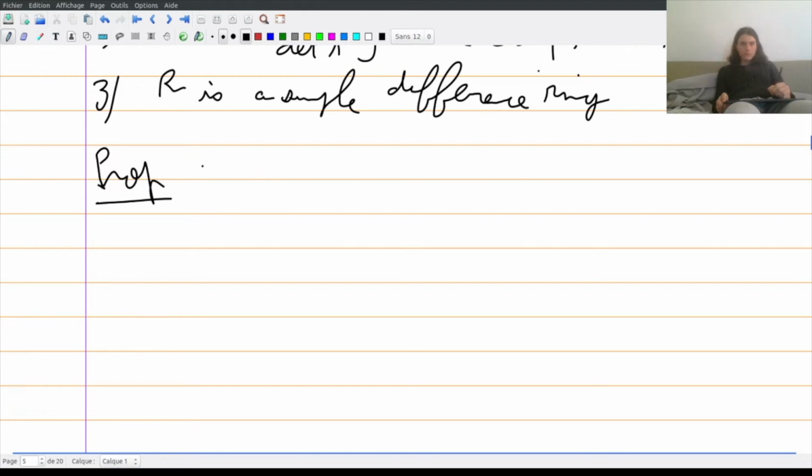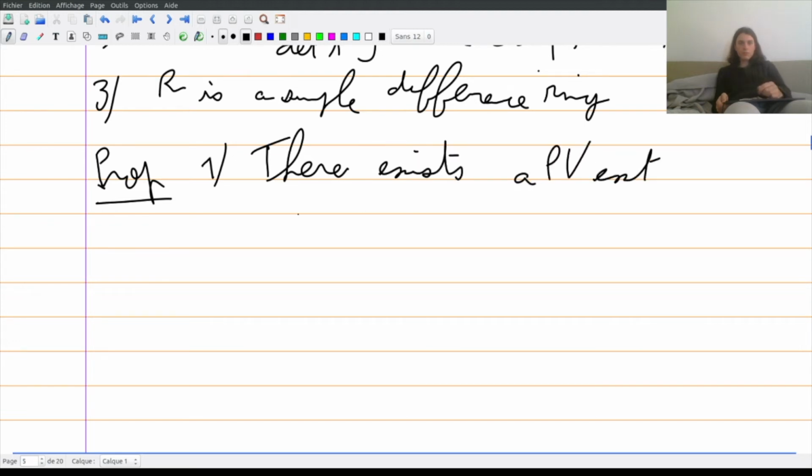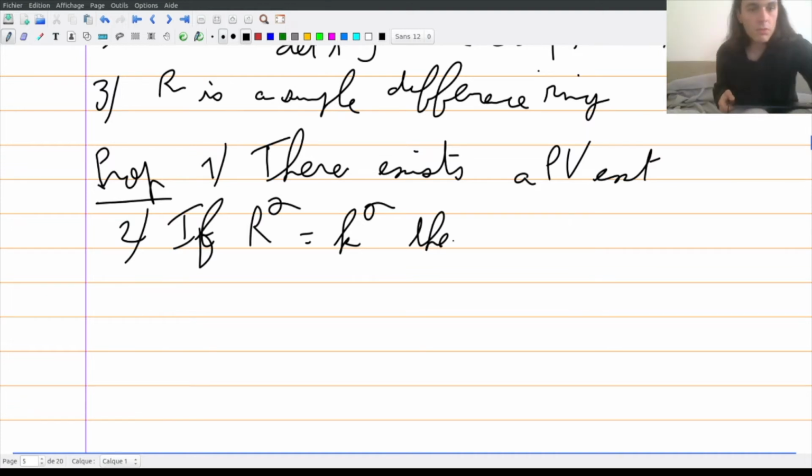So, first of all, there exists a Picard-Vessiot extension, and if I additionally assume that the ring of constants of R is in fact a field of constants, which is the same as K, is algebraically closed.